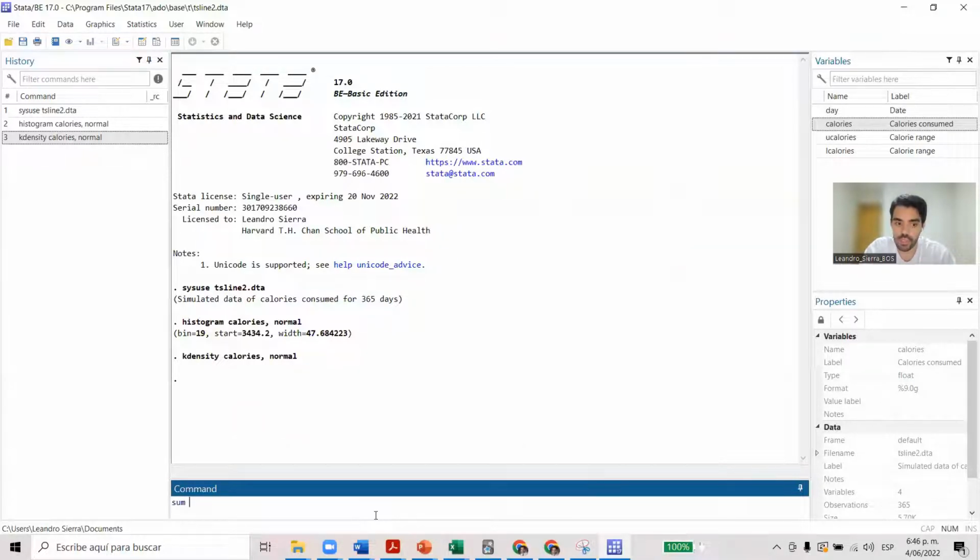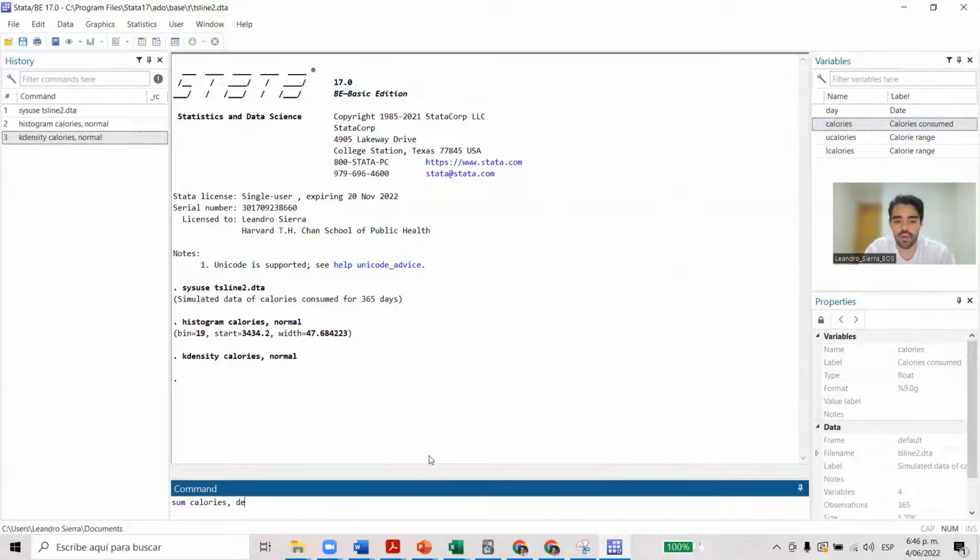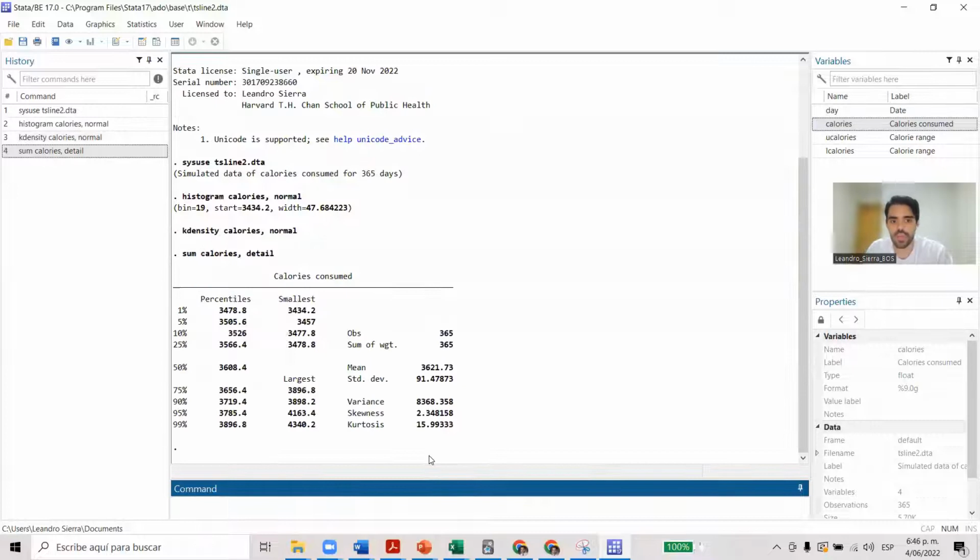I'm going to write summarize, then my variable, and I'm going to write detail. Now for the calories consumed, we are going to have a lot of information. First of all, the observations: we're going to have 365 observations, all the days in the year. We're going to see the median, the mean, and the standard deviation of our data set.